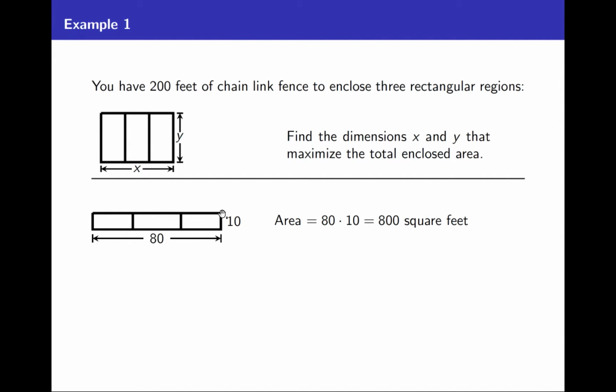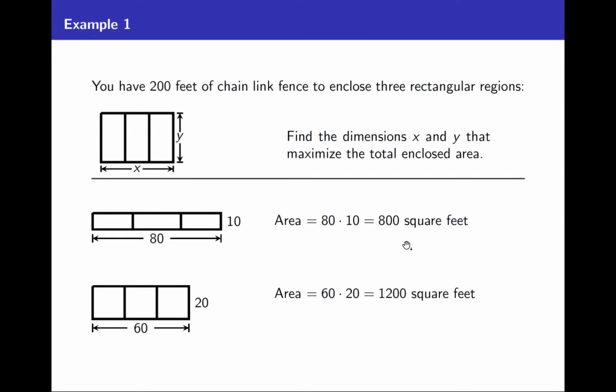And then you're going to have 10 feet wide, so you have 10 feet, 10 feet, 10 feet, and 10 feet, and there you've used up all of your 200 feet of chain link fence, and you enclosed an area of 80 times 10 equals 800 square feet.